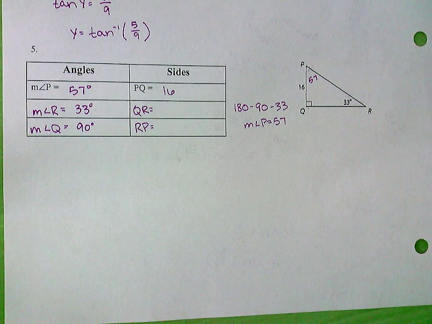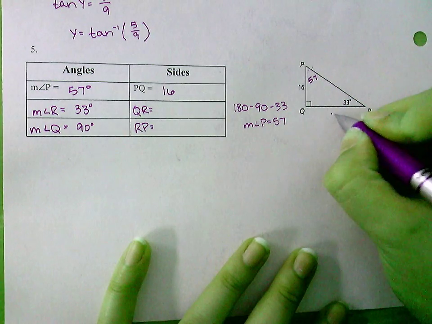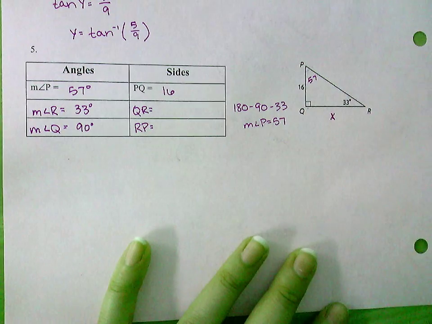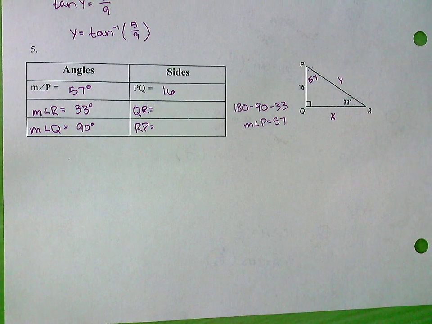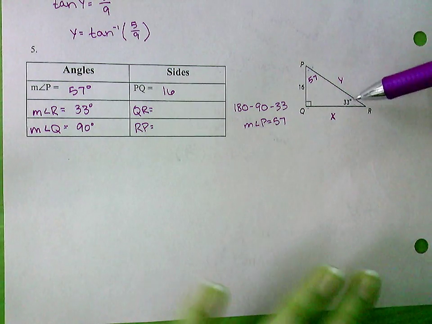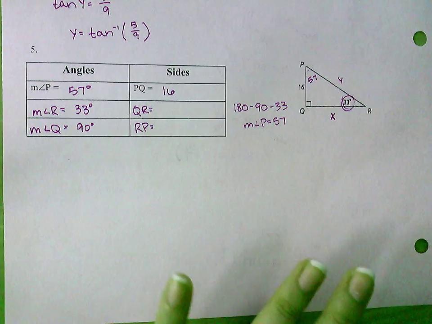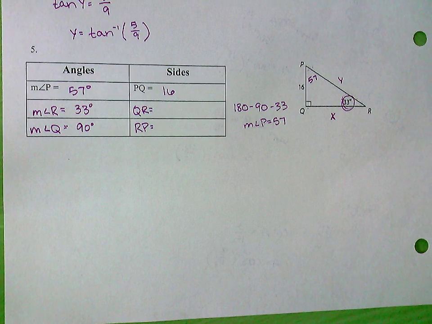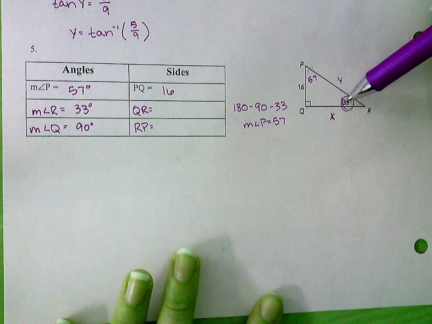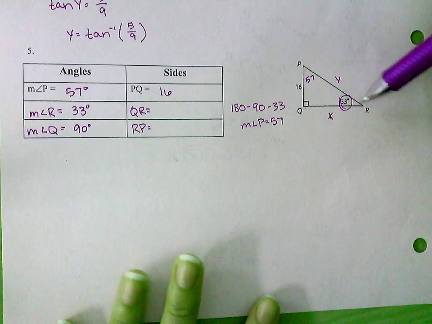Now I want to find those remaining sides. So I'm going to label this side X and this side Y, just to make it a little bit easier. I'm going to go from this angle. I need to use my trig ratios for this problem. You can use either of these two angles. I'm just going to use 33.